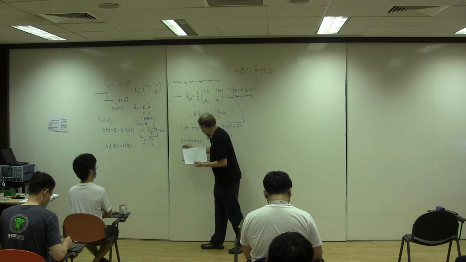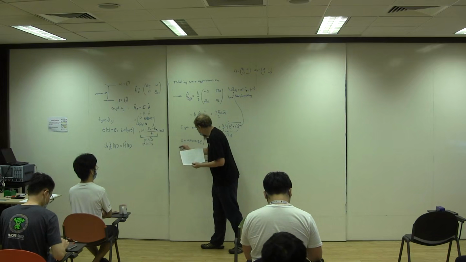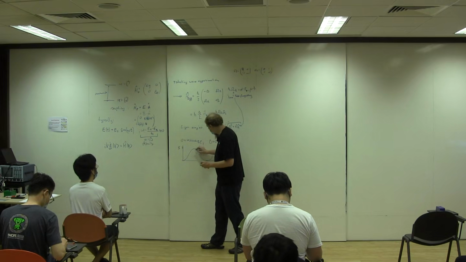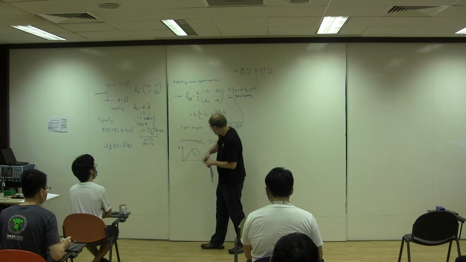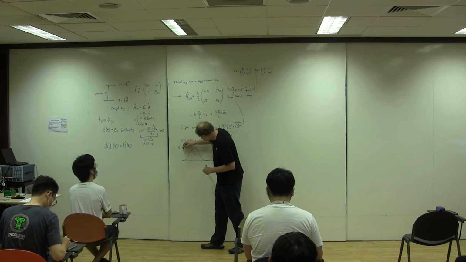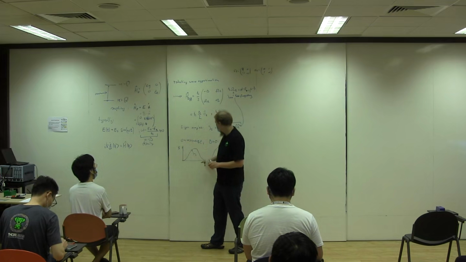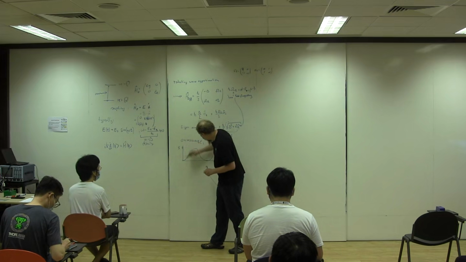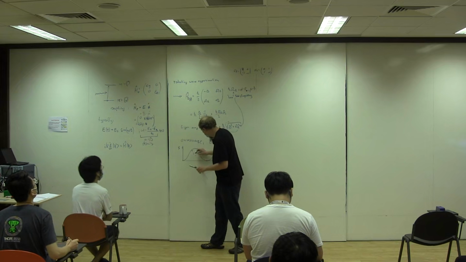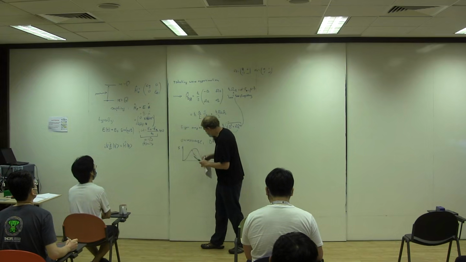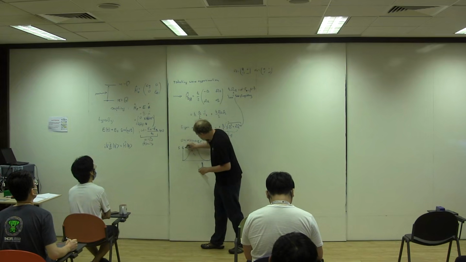So what I draw here is the population of a particular state, and this would be the population of the ground state, and correspondingly you would see the population of the excited state. If you start in the ground state, then the population of the excited state is 0 and the population of the ground state is 1, and the other one is just the opposite.